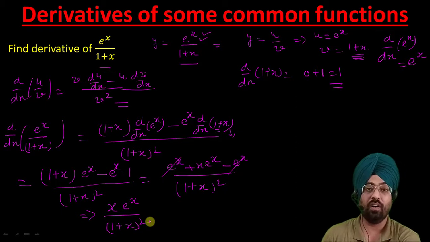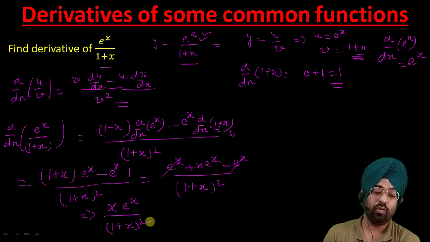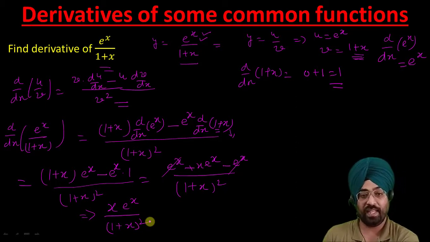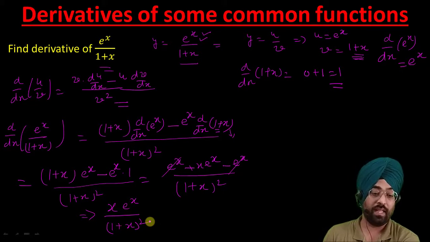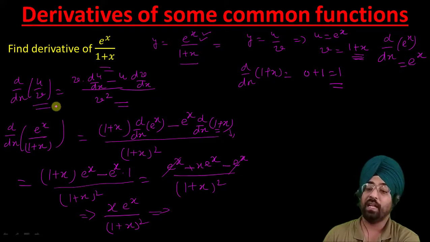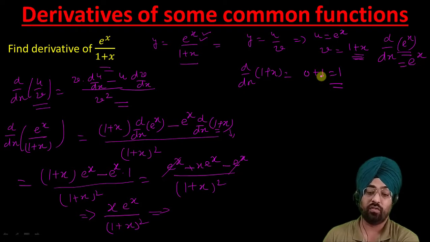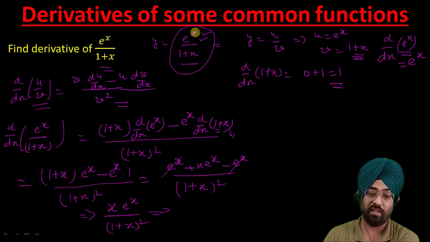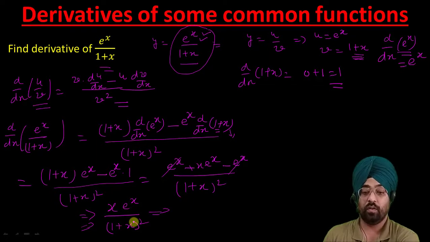So that is how you do derivatives. It is quite easy to solve this type of numericals. Here we have used the quotient formula as well as the derivative of e raised to the power x. Using these two formulas we solved this, and the answer came out to be x e raised to the power x divided by 1 plus x whole square.